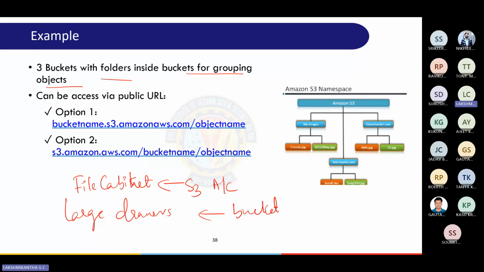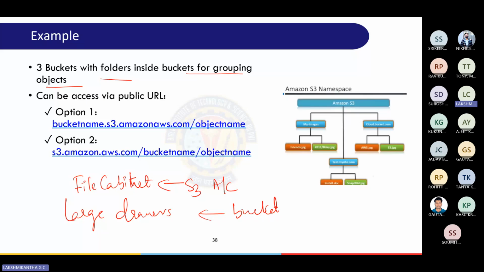This is just for organizational convenience. S3 is fundamentally a flat key value store, guys. The files inside the folder are your objects. I think you're all getting my point, right?